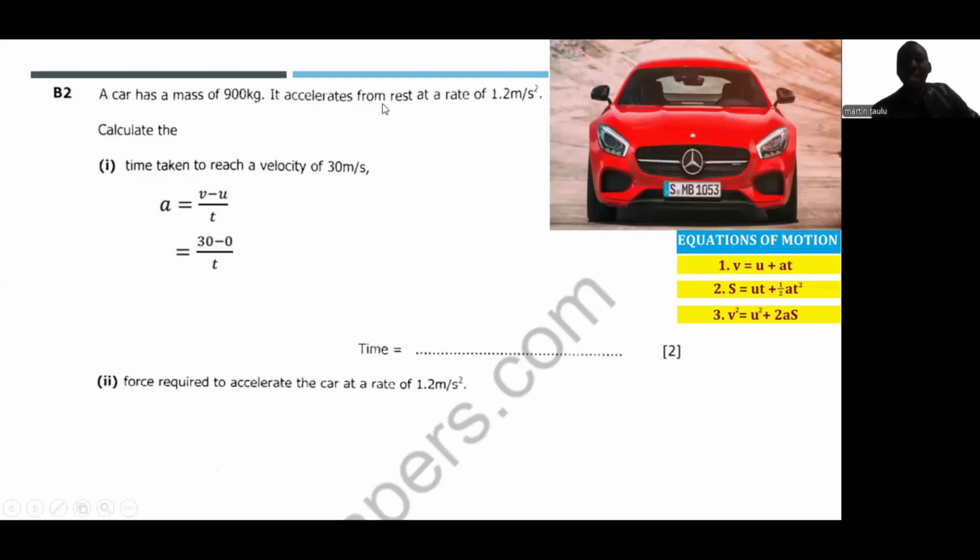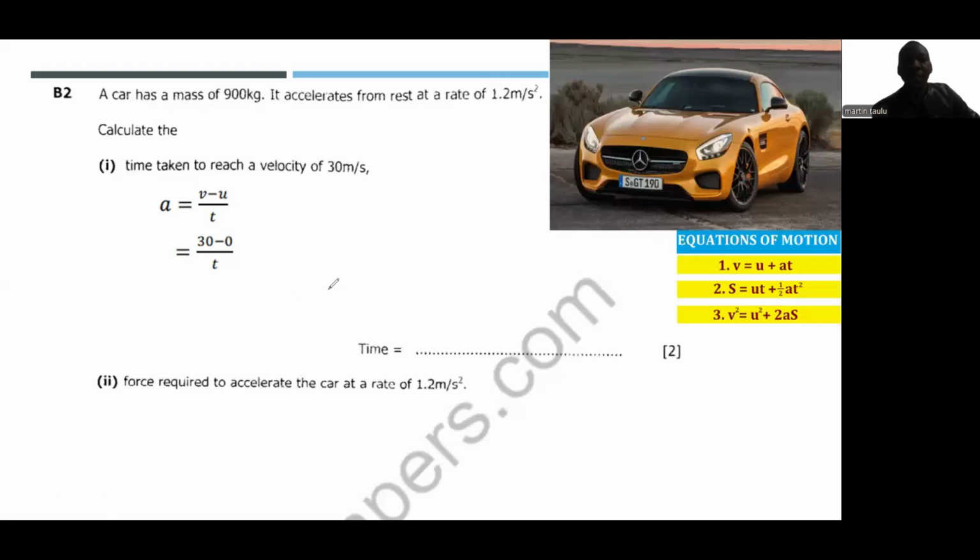So if it accelerated from rest, it's important for us to realize that rest simply means the velocity was zero. The starting velocity was zero. So that is where this zero is coming from. Divide by the time is what we are looking for, so we will leave it as it is.